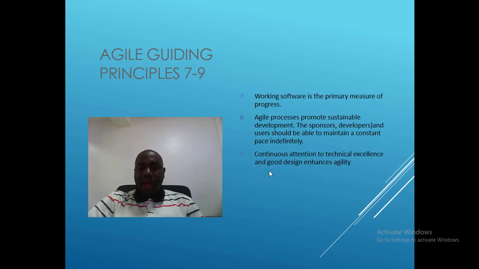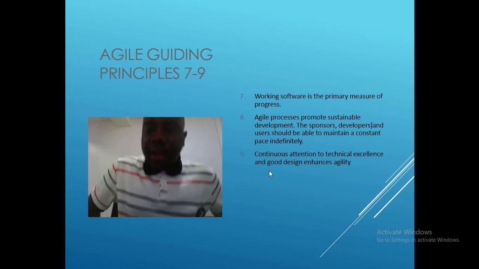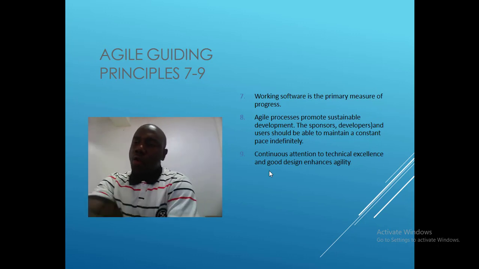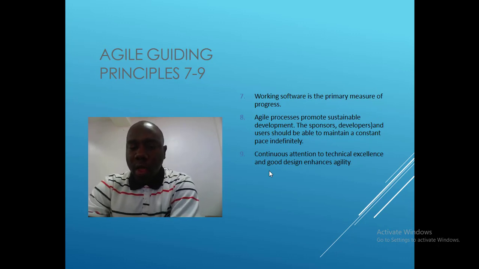Working software is the primary measure of progress. A working product, an acceptable project, is the measure of progress in Agile. The primary measure of progress is that what you are delivering is meeting the expectations of the customers and the end users.